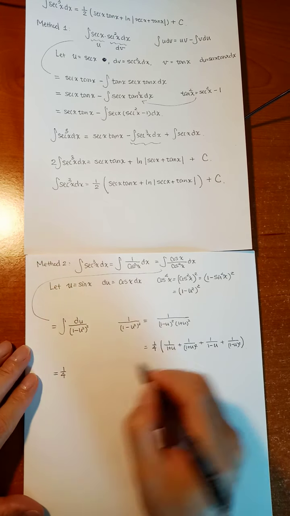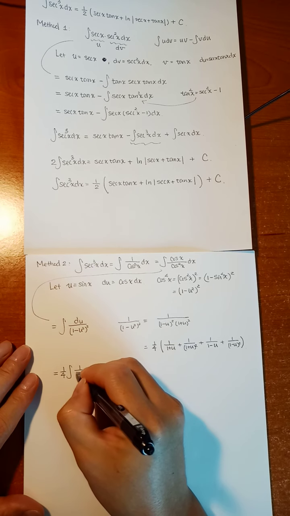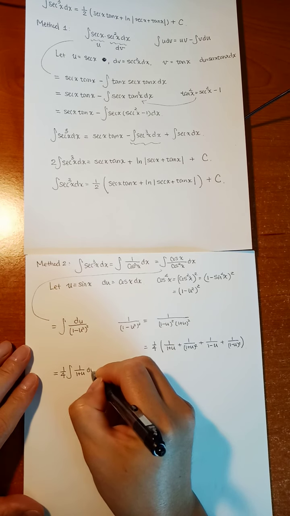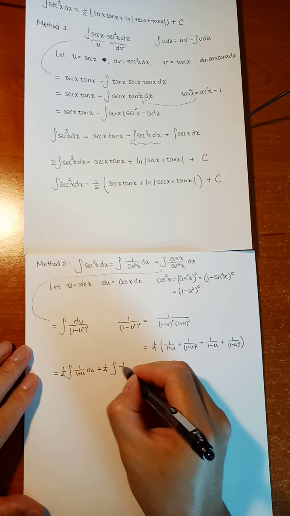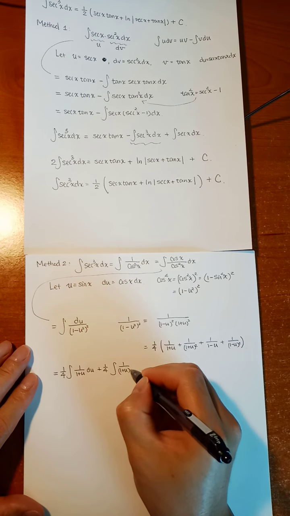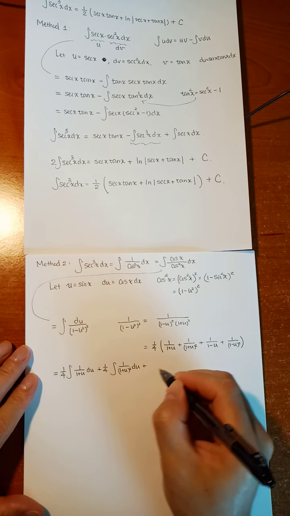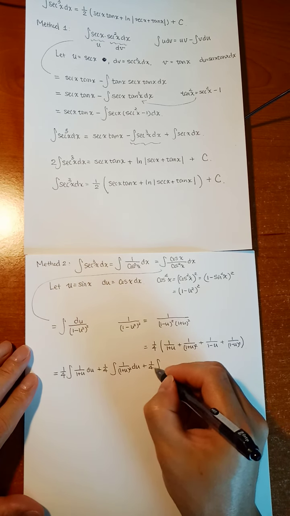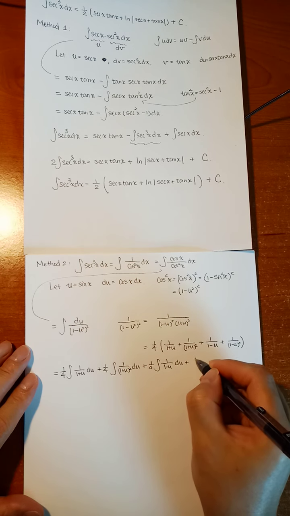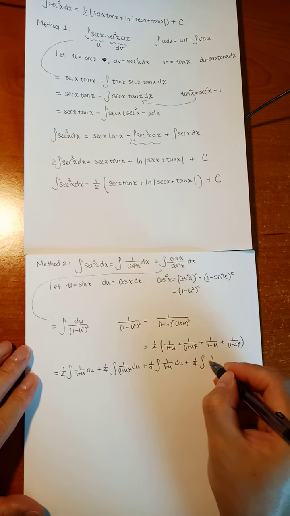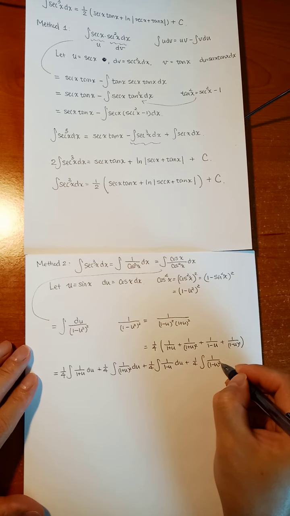So it's the integral, the first one, 1 over 1 plus u du. The second one, 1 over 4, integral 1 over 1 plus u squared du, and 1 over 4, 1 over 1 minus u du, and plus 1 over 4, 1 over 1 minus u squared du.